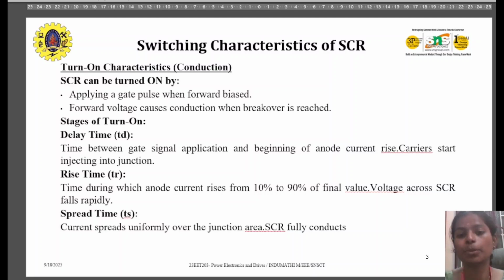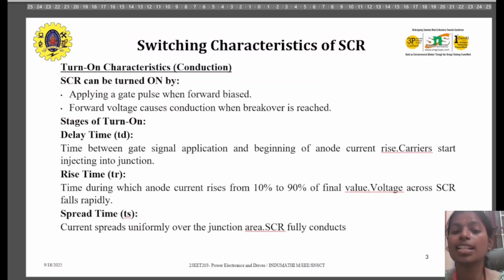So here we'll explore the SCRs. Normally in switching on, we have three stages: delay time, rise time, and spread time. Delay time is the time between the gate pulse being applied and the current starting to rise.